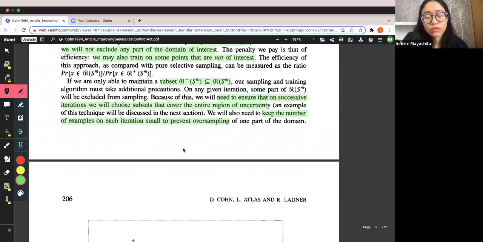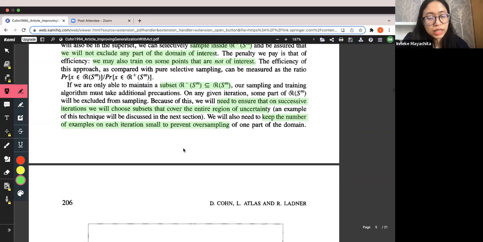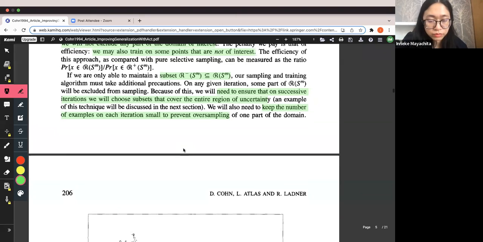But there is a risk of oversampling, because that region does not represent the whole actual region of uncertainty. So if we sample too much from it, we might disregard other parts of the region of uncertainty.